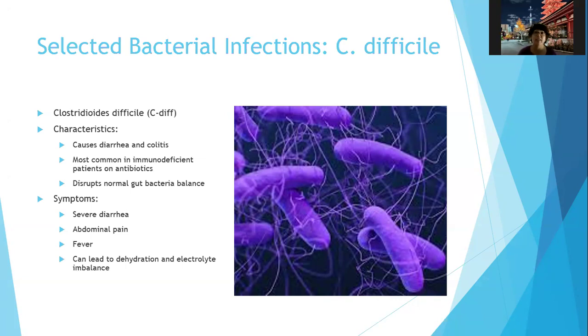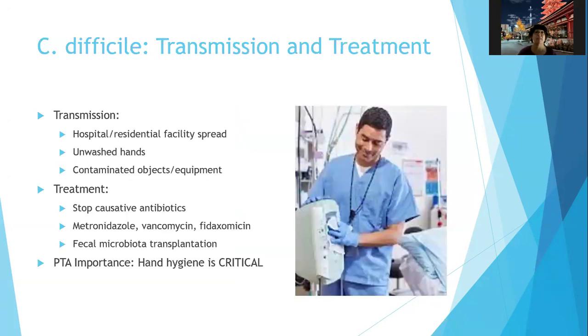So it most commonly happens in hospital or residential facility, spreading from unwashed hands. That's the most common thing. Or contaminated objects and equipment. So sterilize your equipment and wash your hands. It's treated with antibiotics, pretty serious antibiotics, and sometimes people have to have a fecal transplantation, which, yikes.